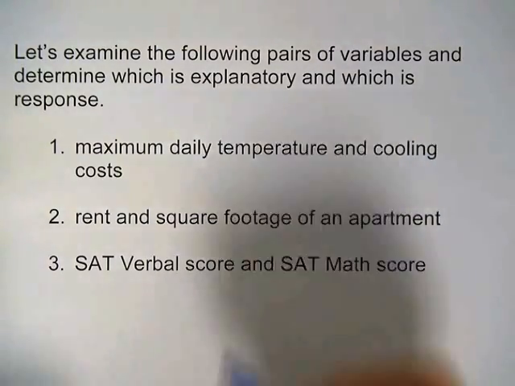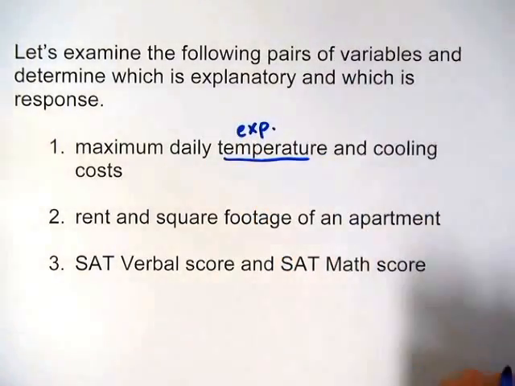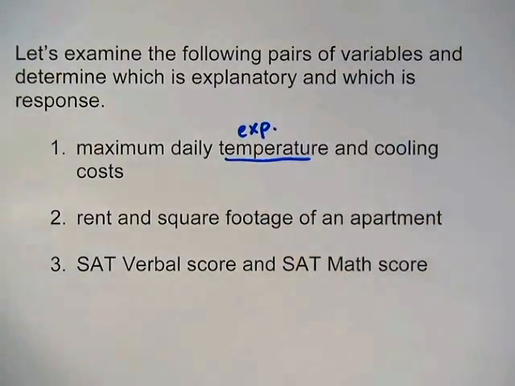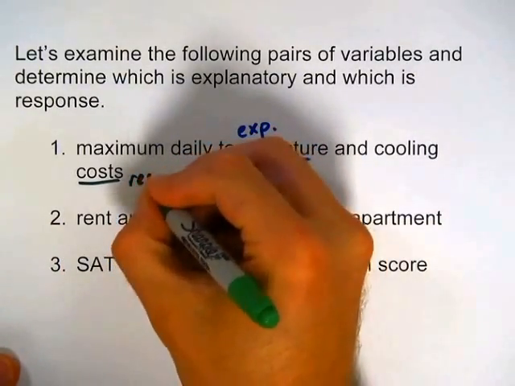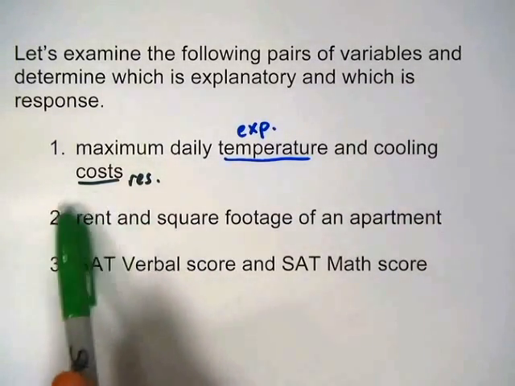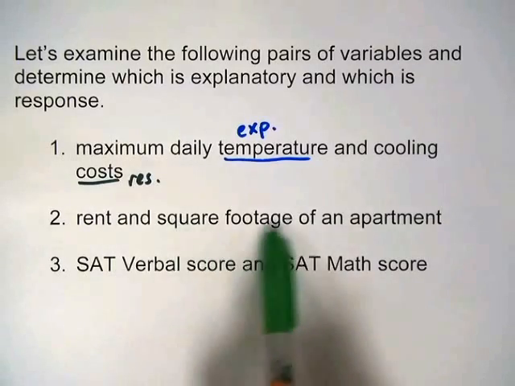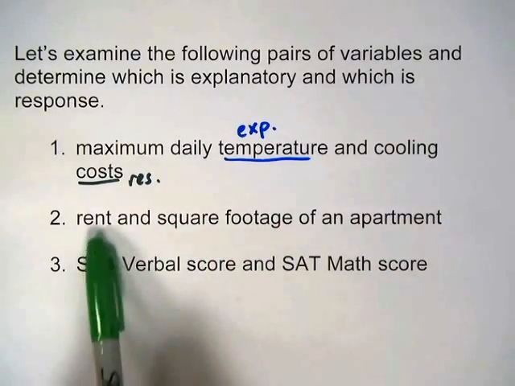So the higher the temperature, the more it's going to cost to cool your apartment or your workspace. So what I would say here is that temperature is explanatory. I'll use EXP for explanatory. And your cost here is going to be your response. Okay, the next one, rent and square footage of an apartment. Okay, so does the rent cause a change in the square footage of an apartment, or does the square footage cause a change in the rent?